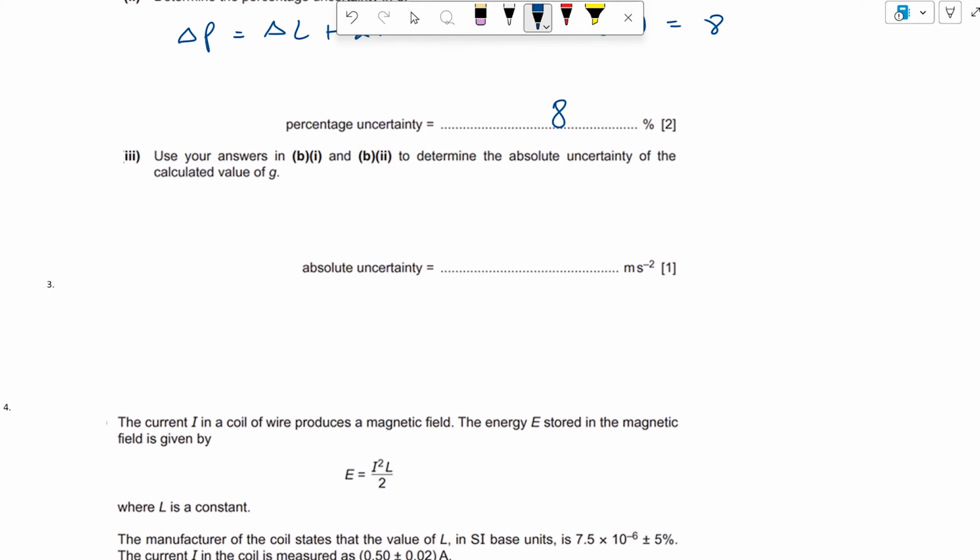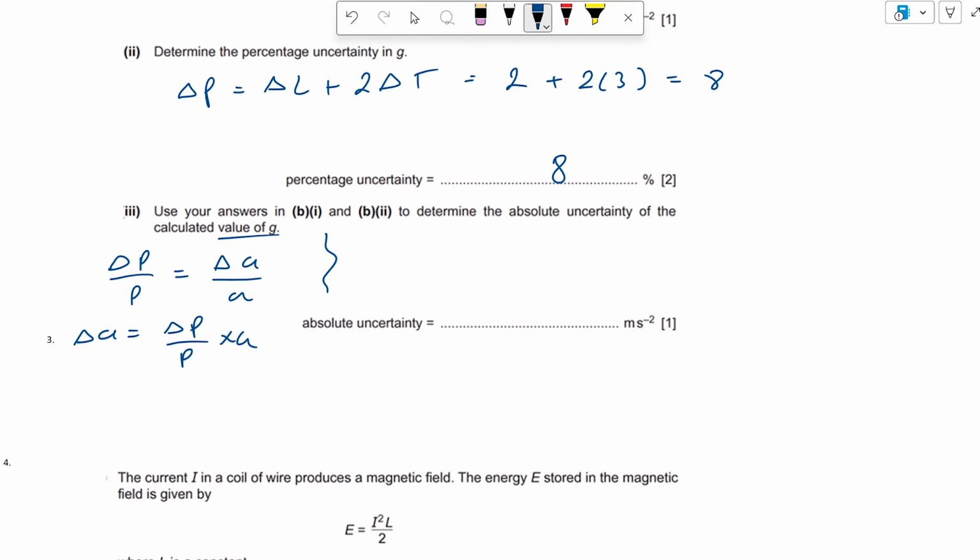We are to calculate the absolute uncertainty of the value of G. So we now use the formula delta P over P is equal to delta A over A. Making delta A the subject formula is equal to delta P over P times A. Okay, so delta A is equal to 8 over 100 times 9.63.